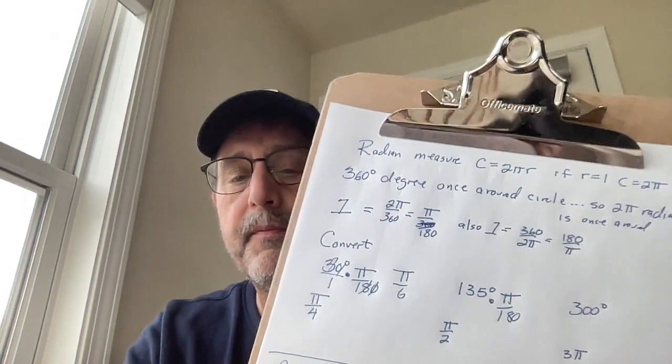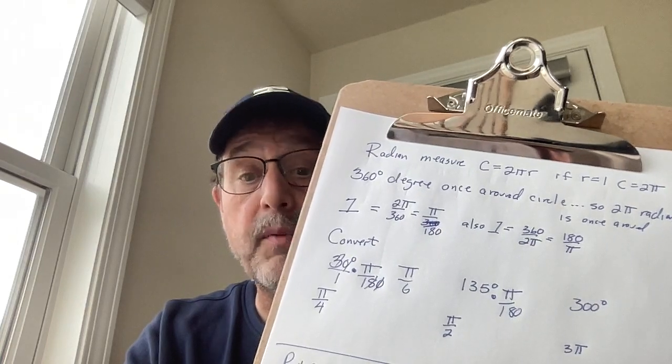To convert 135 degrees, we take it times pi over 180. Now we just reduce the fraction 135 over 180. So that goes in 5 times, oh my, I can't do that in my head. 36, and that goes in 5 times, 27.